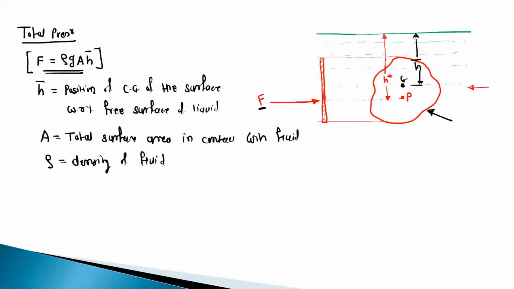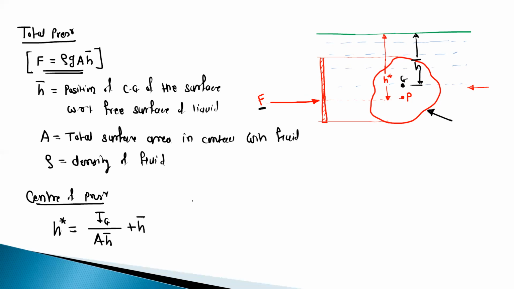Now this H star value, that is the center of pressure, we can find by using this formula. H star is equal to Ig upon A h bar, plus h bar.